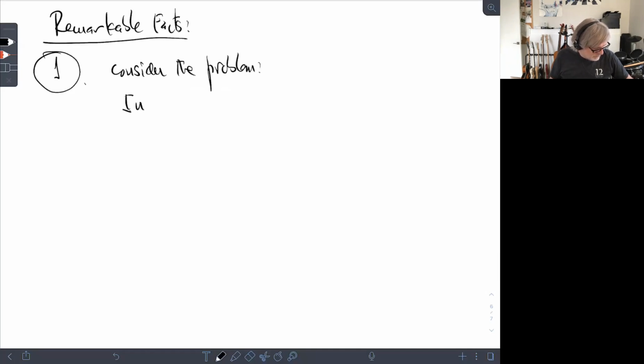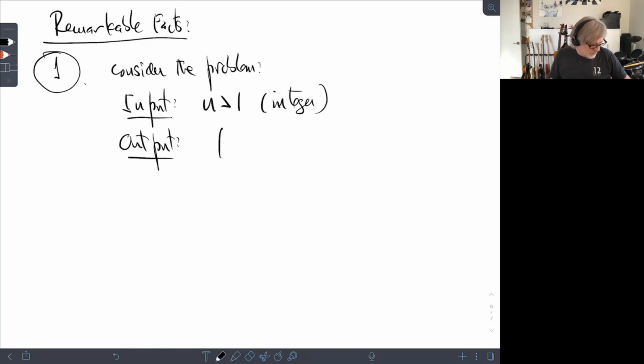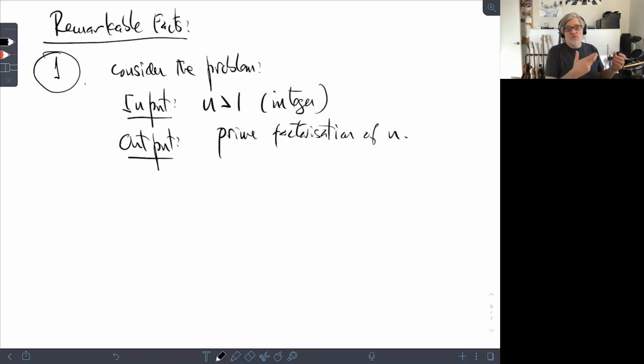So basically I'm asking for a computer program, right? My input is an integer n bigger than 1. The output is the prime factorization of n. Exactly what I showed you, right? Prime factorization of n, right?